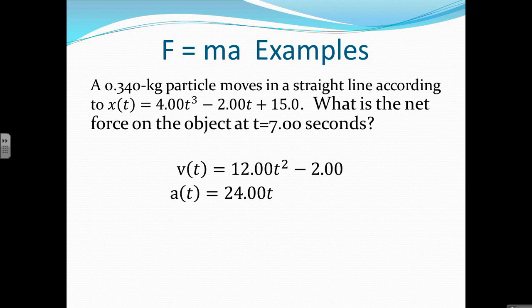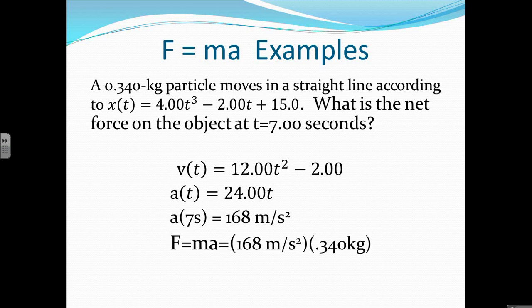Now this relates time and acceleration. We know at time equals 7 seconds, we can find what the acceleration is. At 7 seconds, it's just 24 times t. 24 times 7 is 168 meters per second squared. At that moment, 7 seconds into its motion, it's accelerating at this rate, which is a tremendous rate.